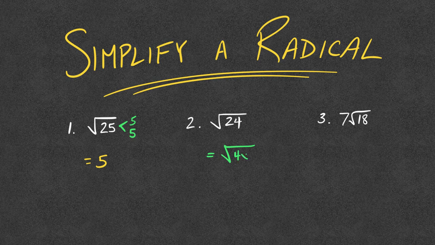And so if you broke apart 24 and you said, hey, that was 4 times 6, you will notice that you can take the square root of 4, but you cannot take the square root of 6. So you do take the square root of 4, and you have to leave the operation in for what you can't. And there we go, 2 root 6.